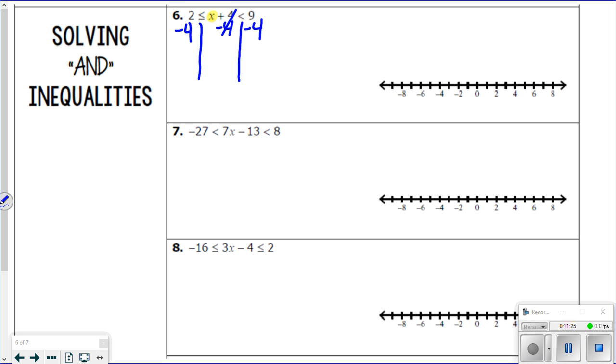2 minus 4 gives us -2. Bring down my symbol, bring down my x, bring down my other symbol, and 9 minus 4 is 5. And x is all alone in the middle, so this right here would be my final answer.